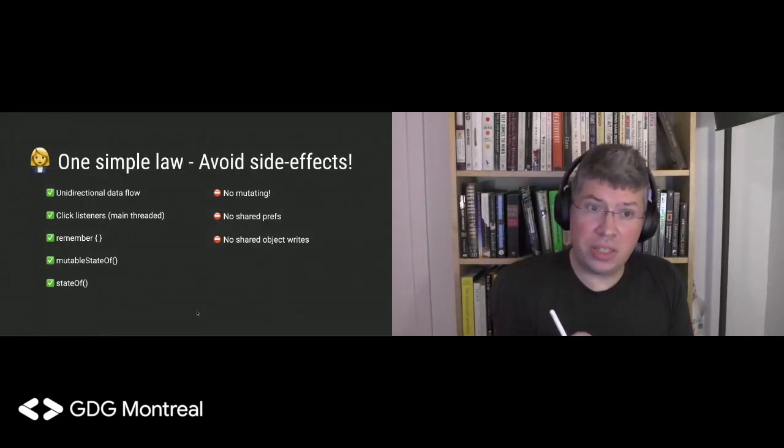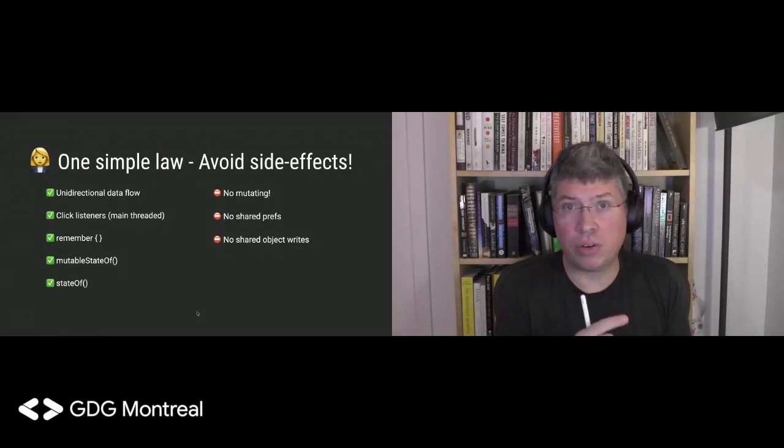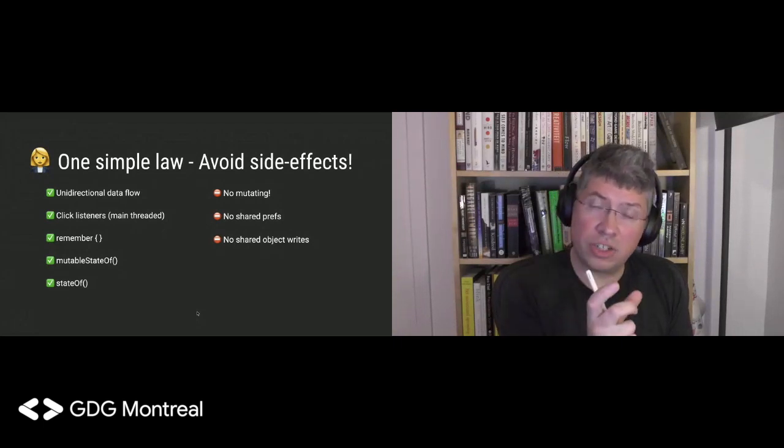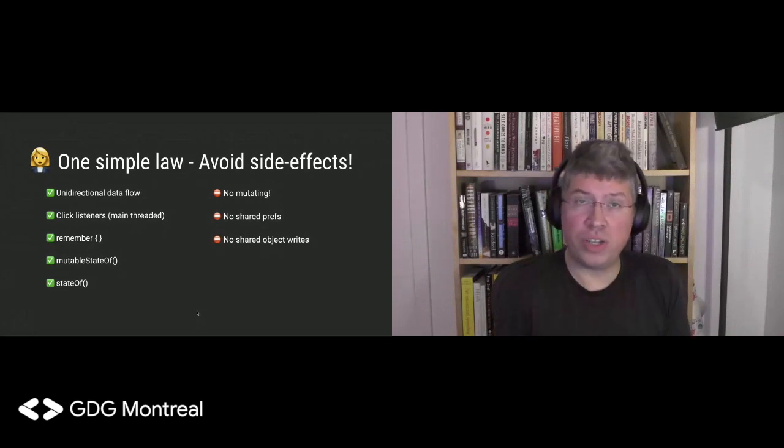The other thing that you need to keep in mind is that you actually can't assume anything about the order in which your composable functions are going to be called. So what does that mean? Well, if we think about our product card a little bit, if the price changed, and say the title also changed, you can't necessarily assume that Compose is going to run the title change recomposition before the price change recomposition.